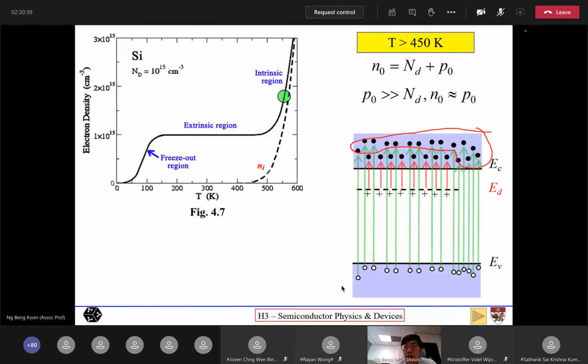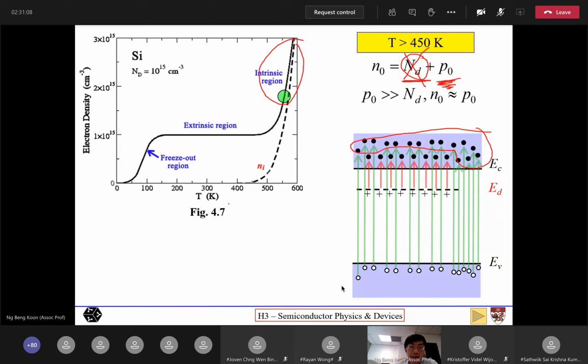So if you look at your charge neutrality equation, in the extrinsic region, of course, this ND is the dominant component. But when the temperature goes too high, then it turns out that the p naught will increase significantly such that the N_D can become negligible. And the n naught and the p naught now become approximately the same, which is this portion of the graph.